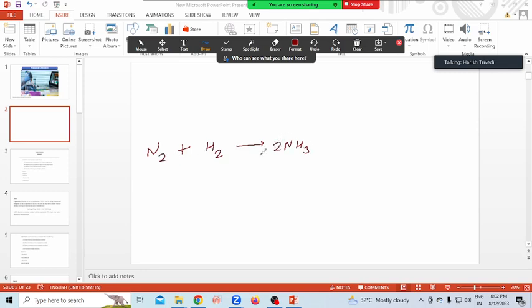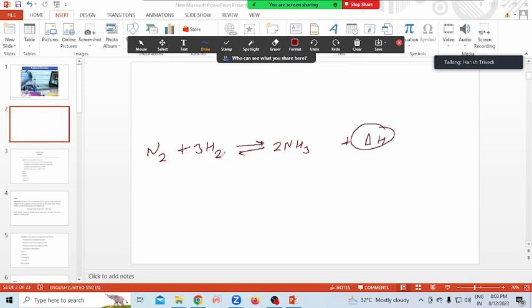How much hydrogen here? 3 is 6, so 3 hydrogen. Suppose this reaction is going on, and it is an exothermic reaction. Suppose you are getting heat from this reaction.